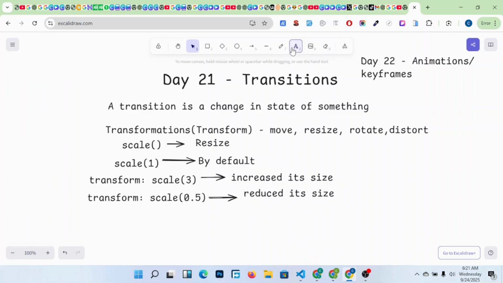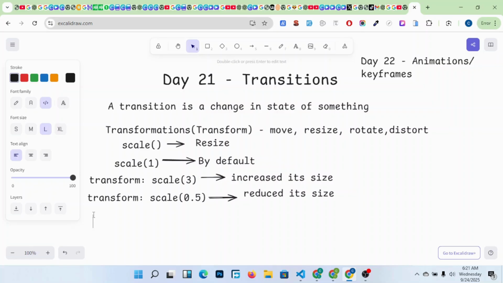If I come here and say transform scale X 1.5.